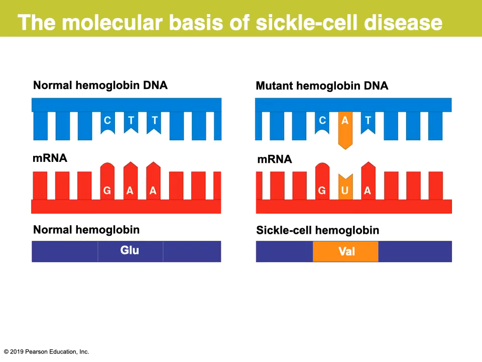And the example here being the molecular basis of sickle cell disease, where the normal hemoglobin DNA has, you'll see, the base is CTT. So normally the complementary messenger RNA would be GAA, and that codes for glutamine in normal hemoglobin. In the mutant form, there's a substitution.